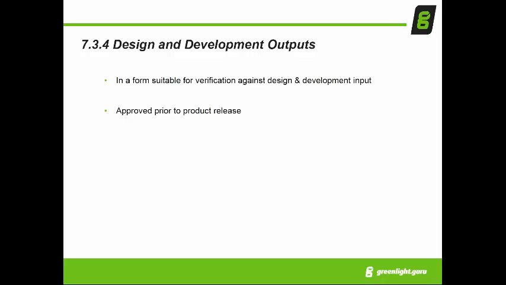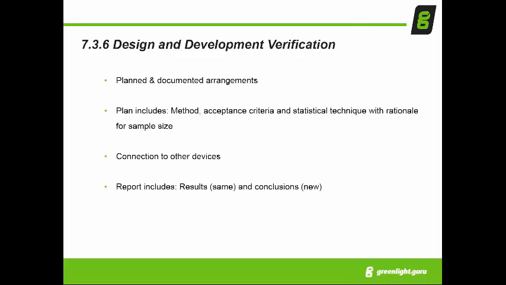I often use this as an example: think of design and development outputs as your recipe for your medical device. The design and development outputs will list the materials, the parts, the pieces, all the things that go into your device, and they need to be stated in a way that allows you to conduct some sort of verification activity to confirm that your outputs meet your inputs. And we'll talk about verification as well.